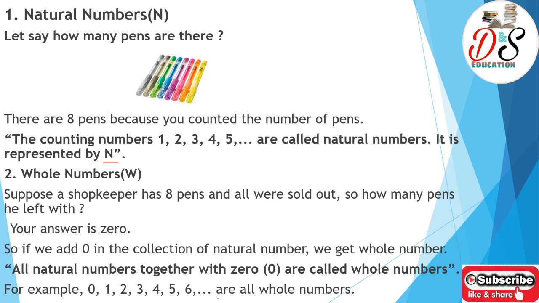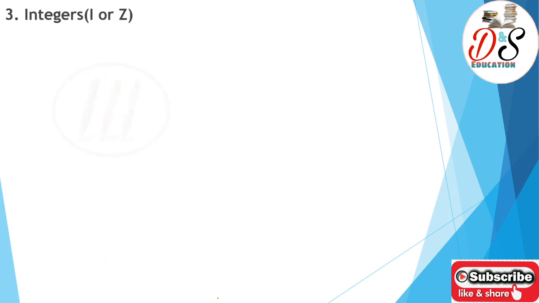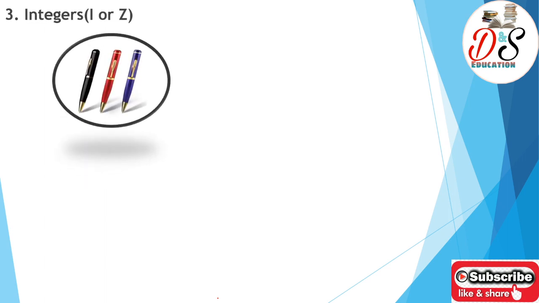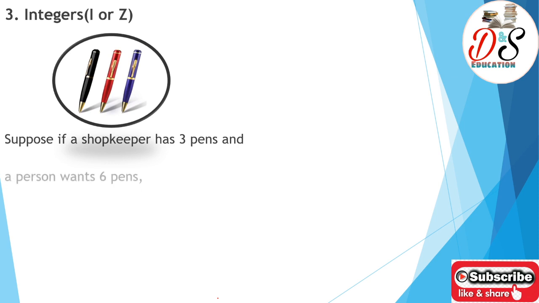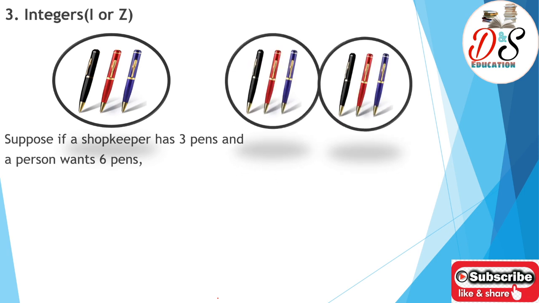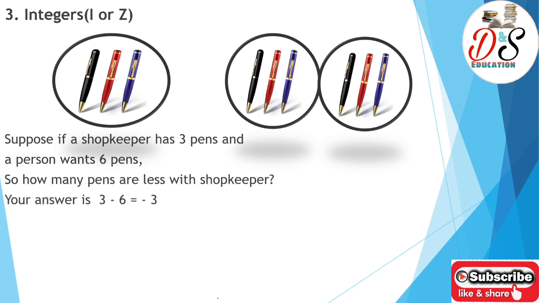Now moving on, we will discuss integers. Let me say a shopkeeper has 3 pens and a person wants 6 pens. Now you tell me how many pens are left with the shopkeeper? Yes, your answer is 3 minus 6 equals minus 3.